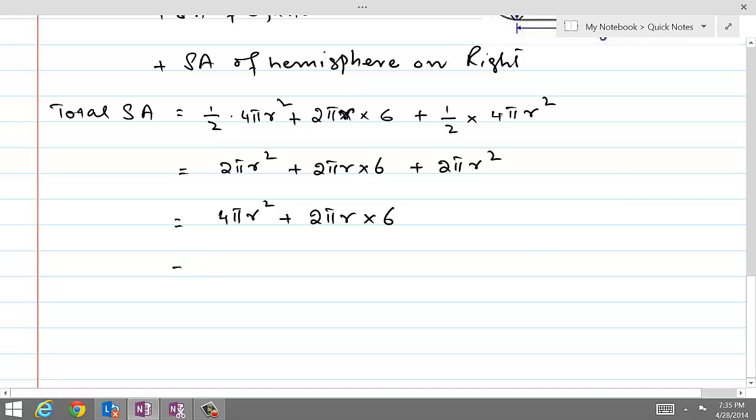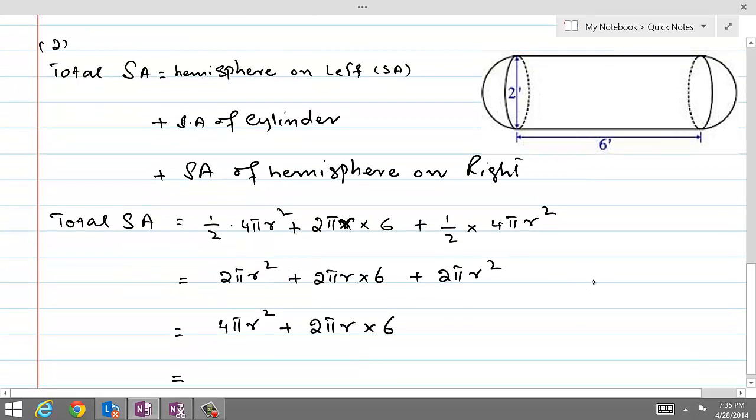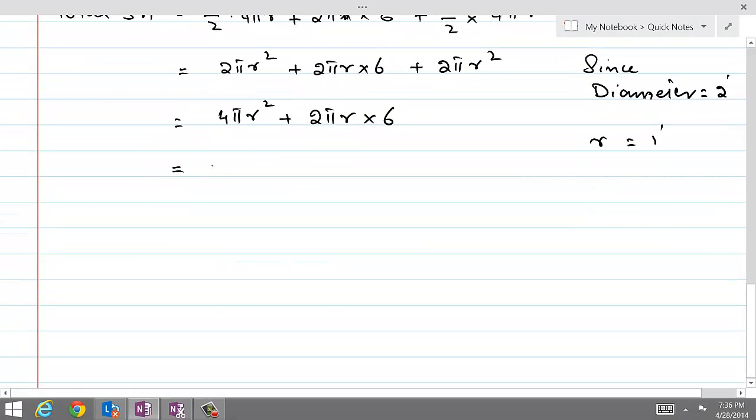Here the diameter is 2 feet, so the radius will be equal to 1 foot. Therefore, we substitute the value for r: 4 times 3.14 times 1 squared plus 2 times 3.14 times 1 times 6.